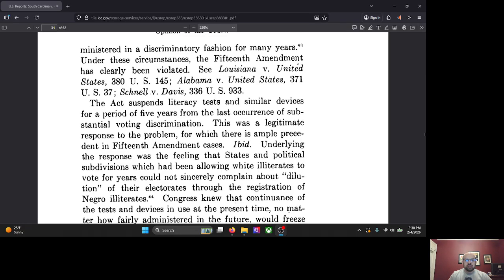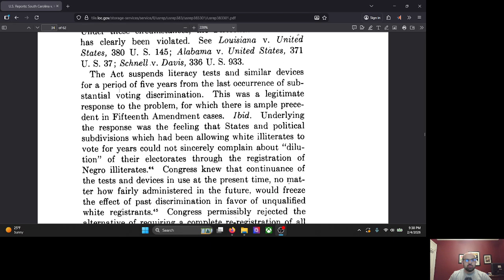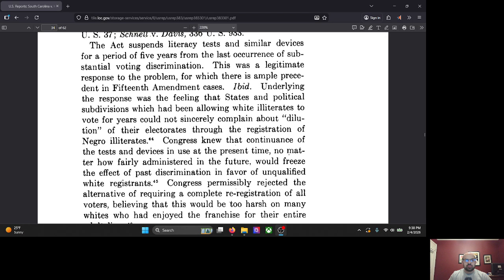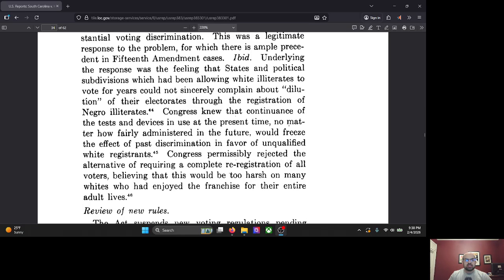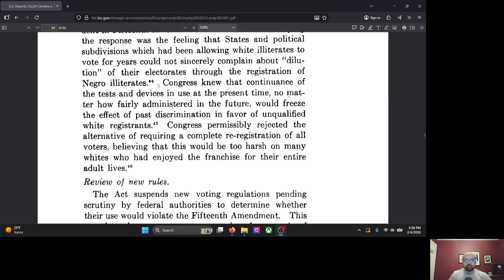The Act suspends literacy tests and similar devices for a period of 5 years from the last occurrence of substantial voting discrimination. This was a legitimate response to the problem for which there is ample precedent in 15th Amendment cases. Underlying the response was the feeling that states and political subdivisions which had been allowing white illiterates to vote for years could not sincerely complain about dilution of their electorates through the registration of African American illiterates.